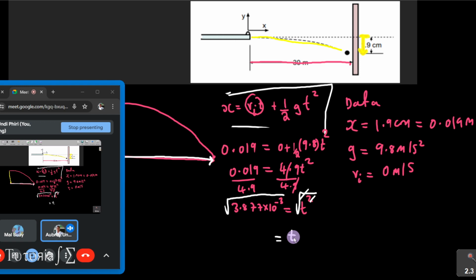It will give you the square root of the answer. We'll get 0.06, 0.062.